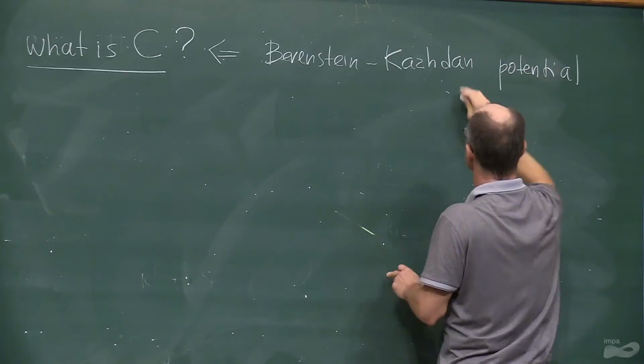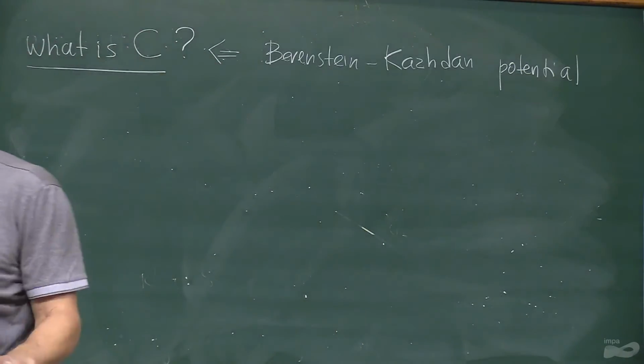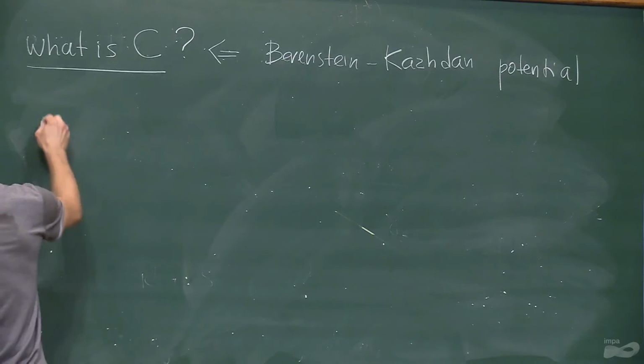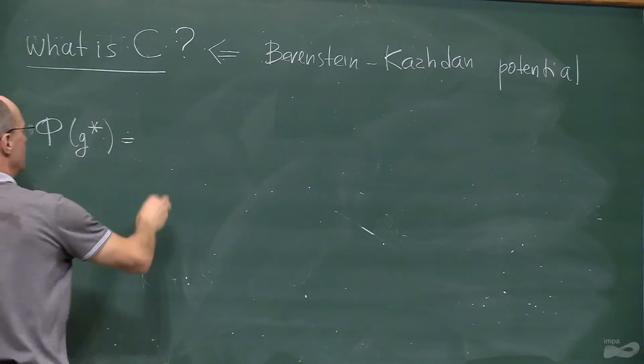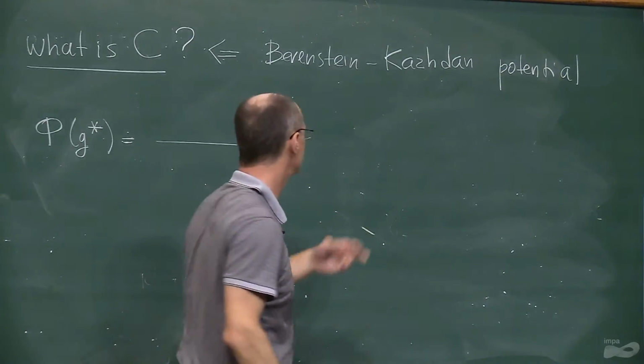So we're using this gadget, but we don't really know what its true relation to Poisson geometry. The Bernstein-Kazhdan potential is a function on G star. And I'll describe it in the case of SU3.